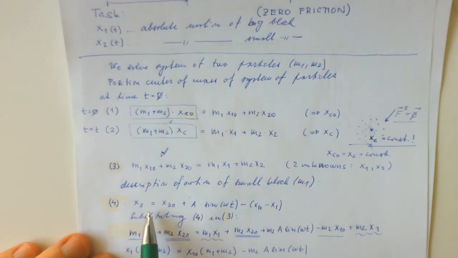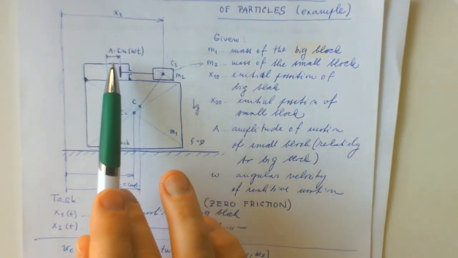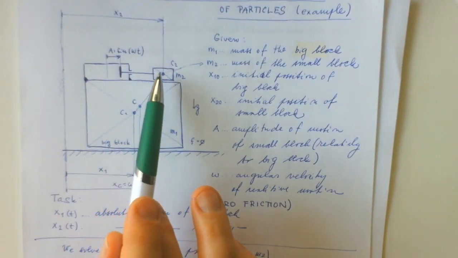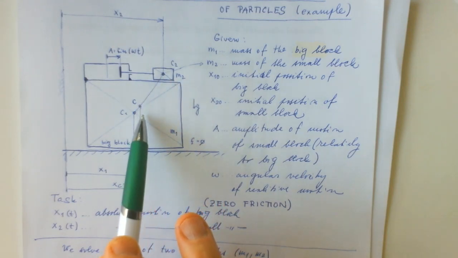So if we look above, we can write the general motion of the small block. It's the initial position of the small block at time 0, plus the relative motion of mass 2 related to mass 1.